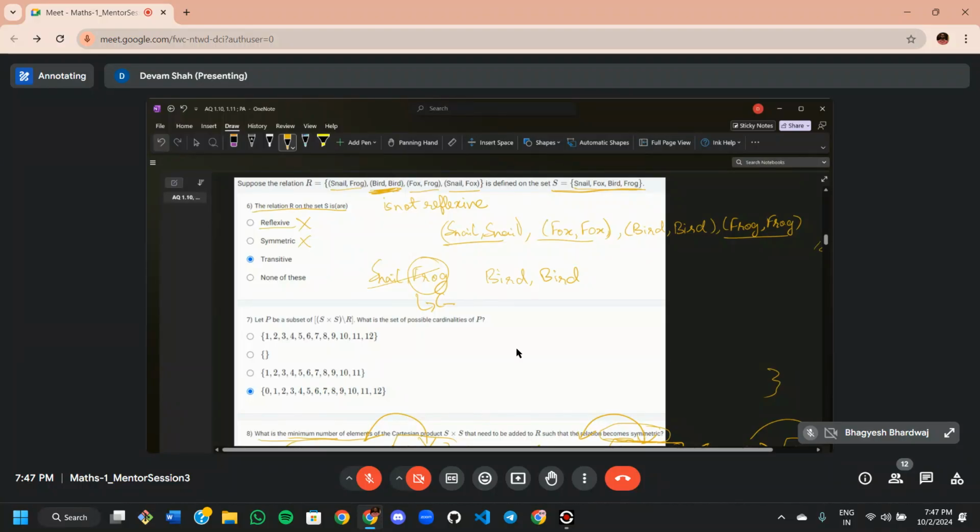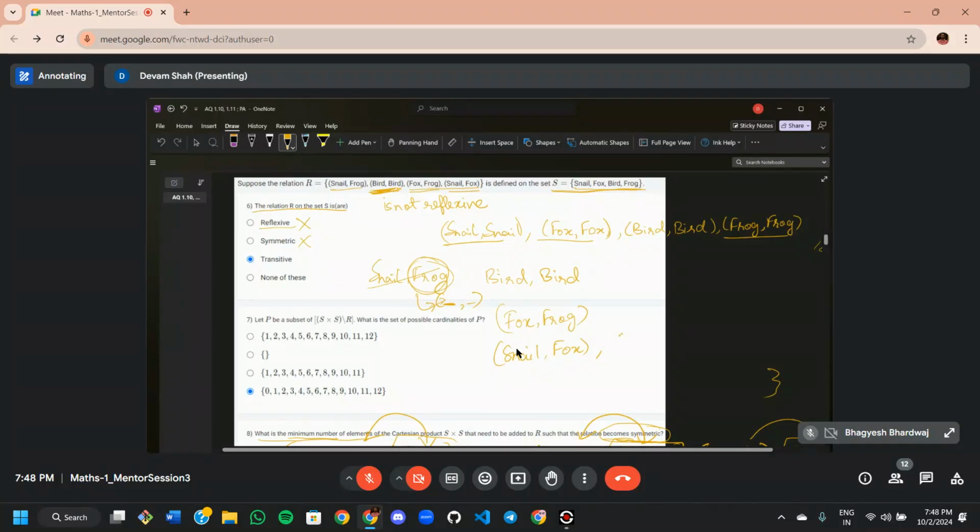Here it should be there. Similarly for birds, there is none. Fox, frog. Is there any starting with frog? No. What about snail, fox? Yes, there is one. Snail, fox, fox, frog.